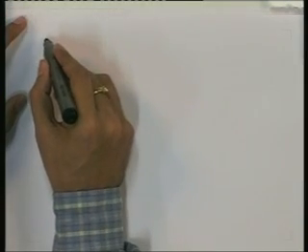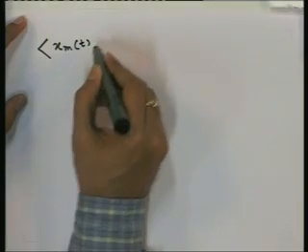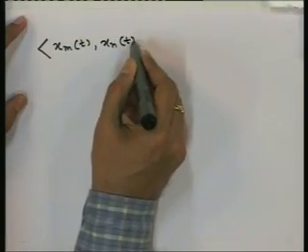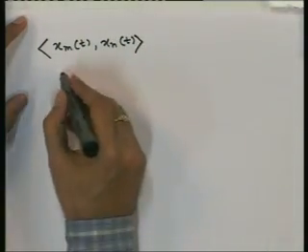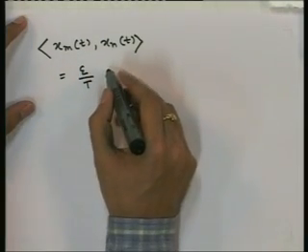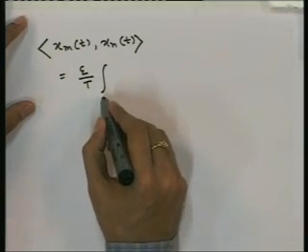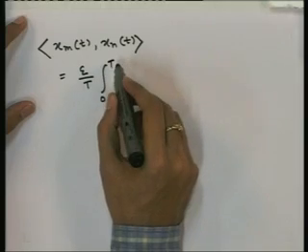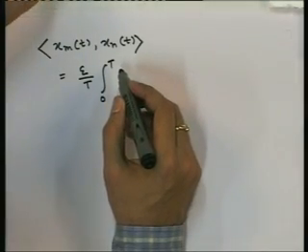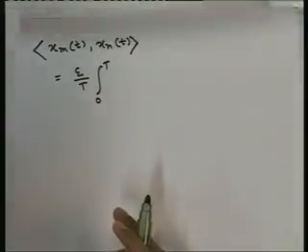Let us see what is the inner product of the mth signal and nth signal. We have discussed in the last class that inner product of two signals is defined this way. So product of these two we have to take now, product of these for m and n.